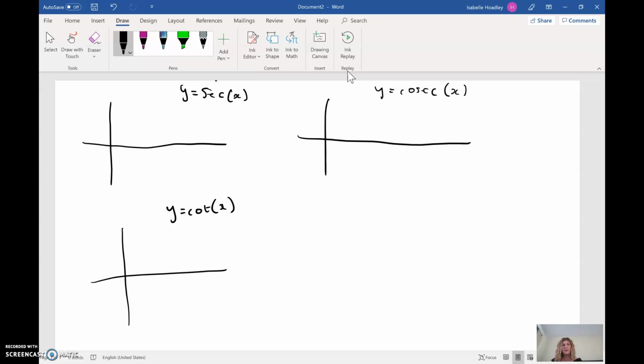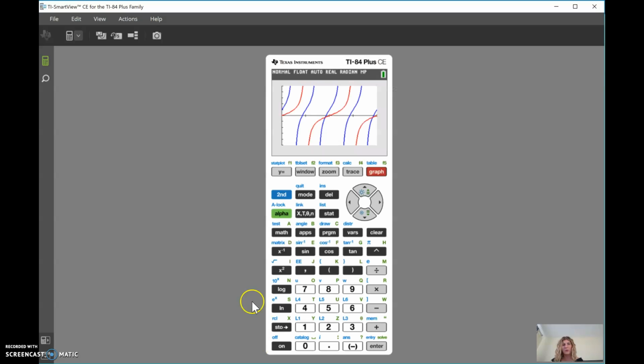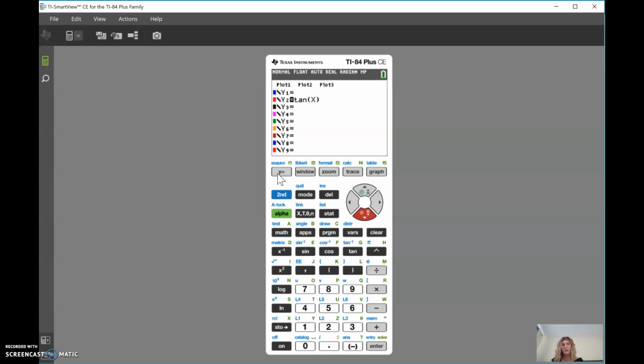If you want to use a calculator or GeoGebra, it's pretty easy because we can just graph 1 over cos of x. That's going to give us our sec graph, so we can see it there.